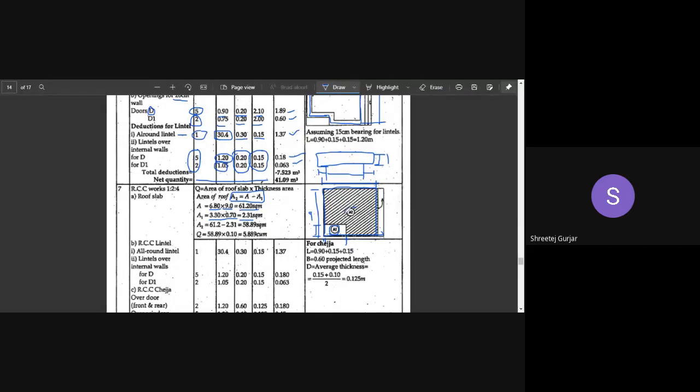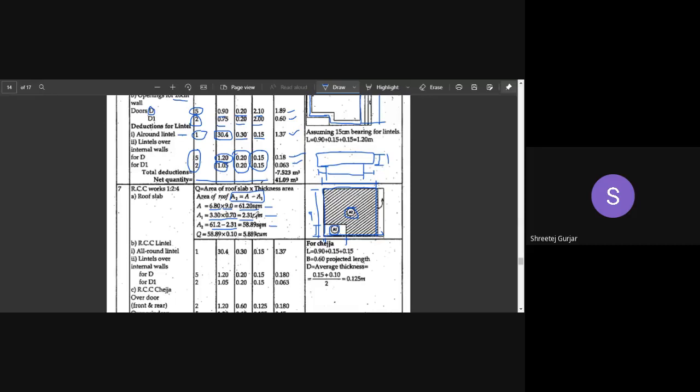So now calculation of A2. How do we calculate this hatched area A2? The total area A which you have calculated, that is 61.2, minus this A1 will leave me with A2. So 61.2 minus 2.31 will give me the area of A2, that is 58.89.